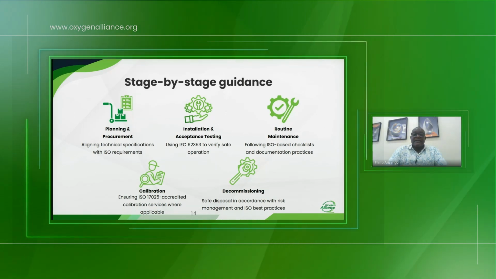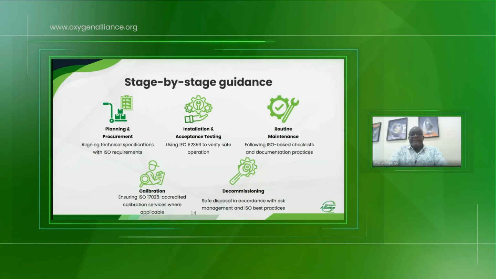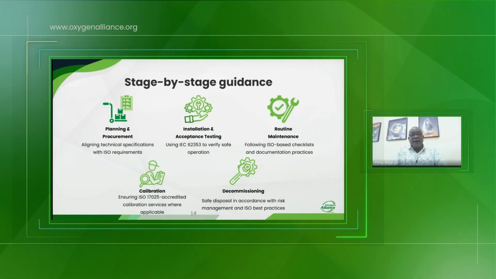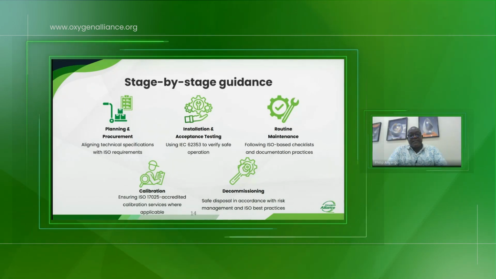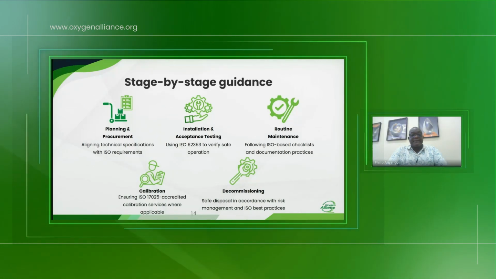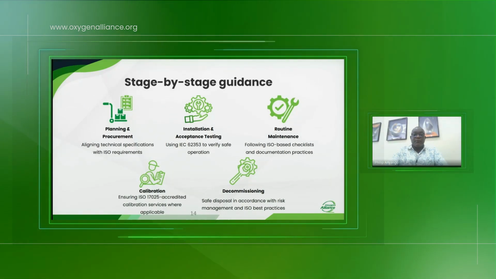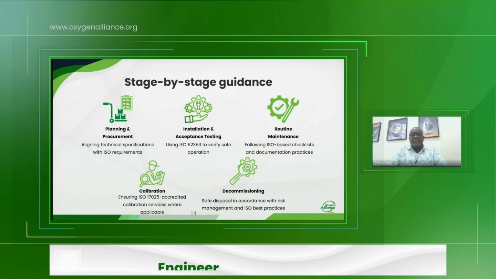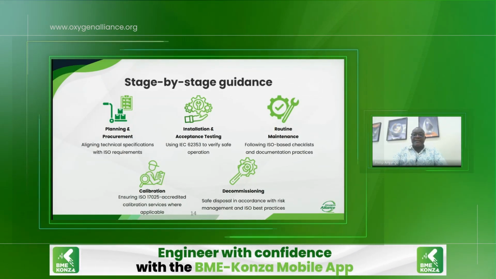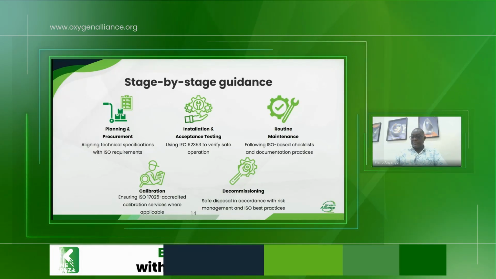For routine maintenance, we follow ISO-based checklists and documentation practice. For calibration, we ensure ISO 17025 accredited calibration services are used. And when we're decommissioning, we do safe disposal in accordance with risk management and best ISO practices.